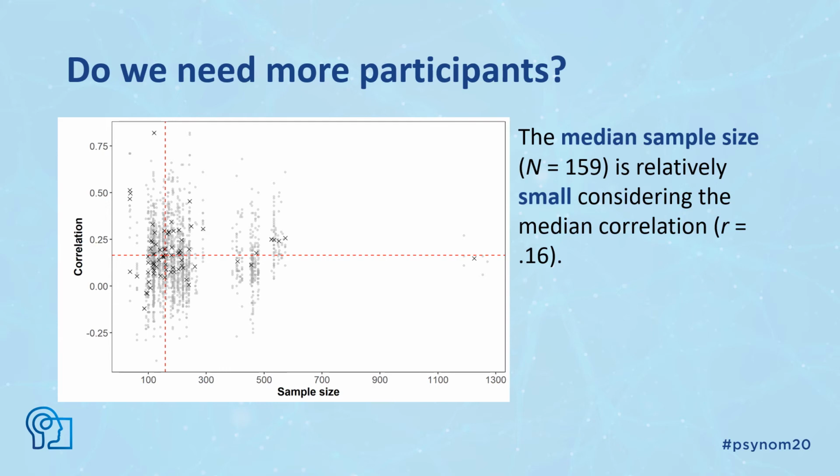So what that means is that the median sample size is really quite far below what we would need for such small correlations to stabilize, which would be at least around 250, probably more participants. So if we think that these correlations reflect any meaningful variance in attentional control, then we really need to use larger sample sizes to get some stable estimates.